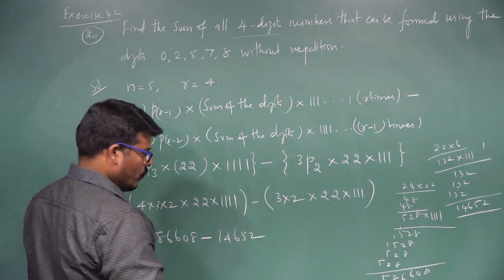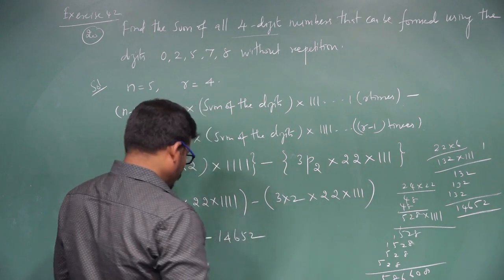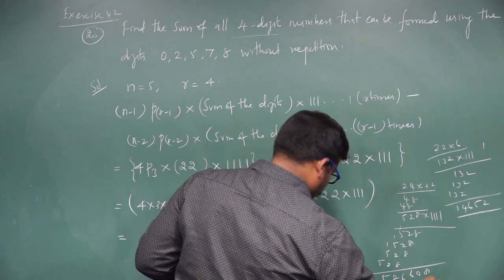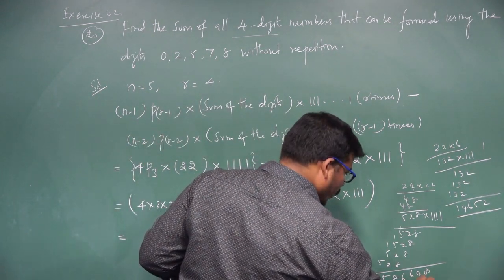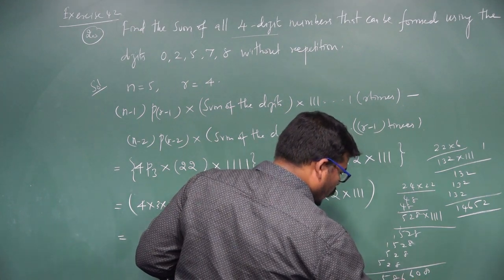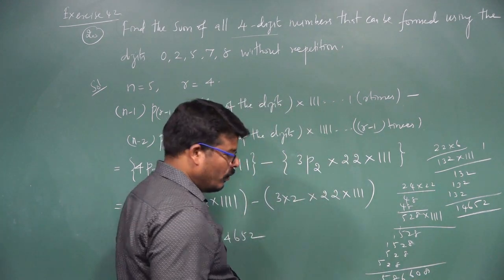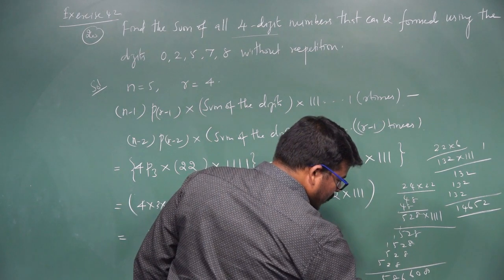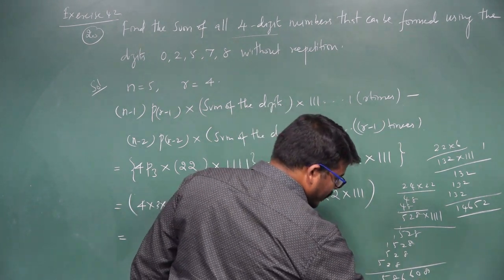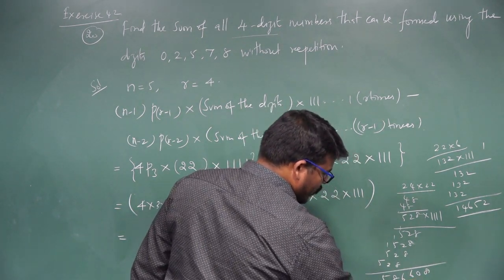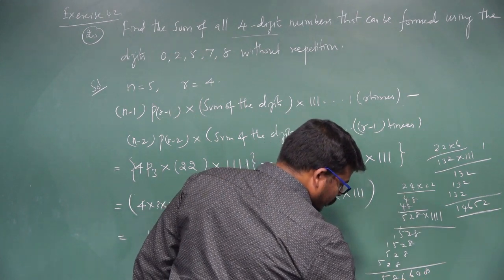Now subtract the value: 586608 minus 14652.